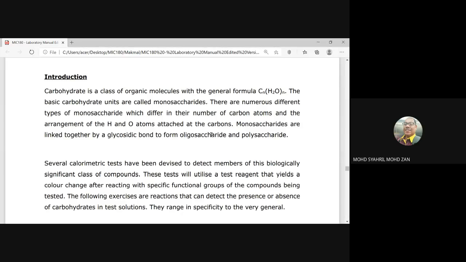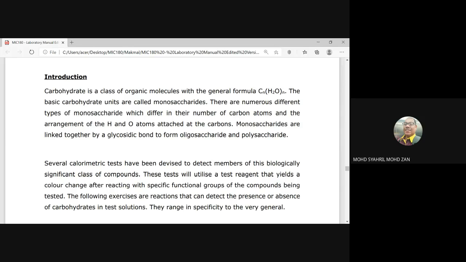polysaccharides. Several colorimetric tests have been devised to detect members of these biologically significant classes of carbohydrate or compound. This test will utilize a test reagent that yields a color change, so this experiment is more on qualitative tests, after reacting with a specific functional group of the compound being tested.